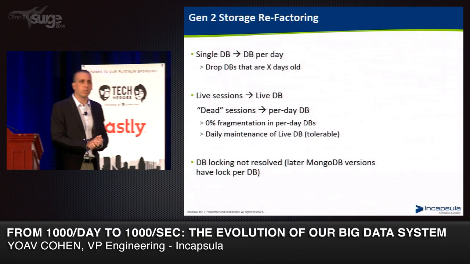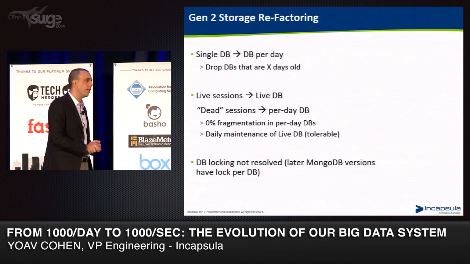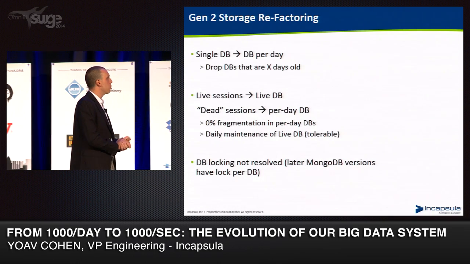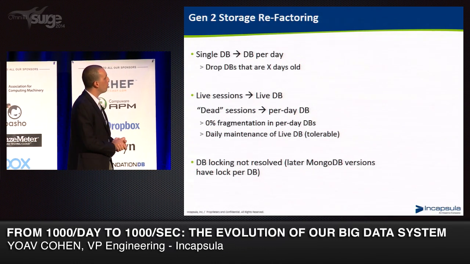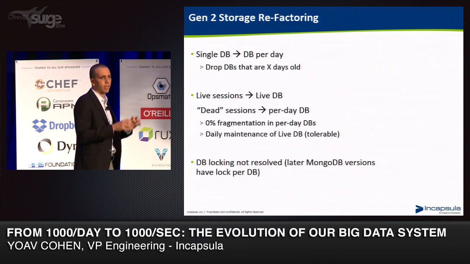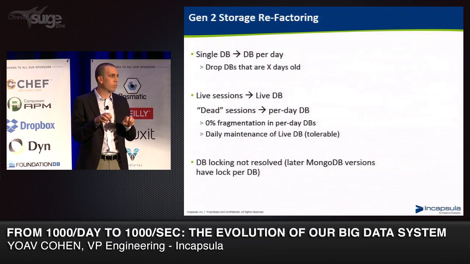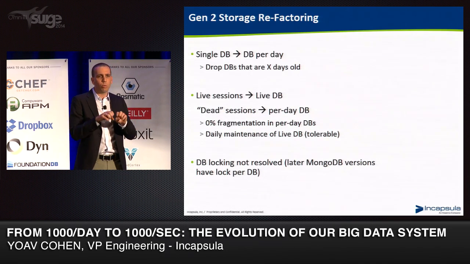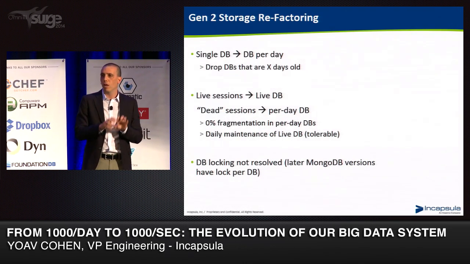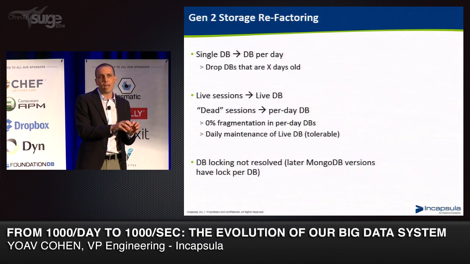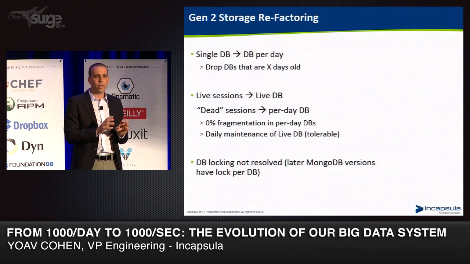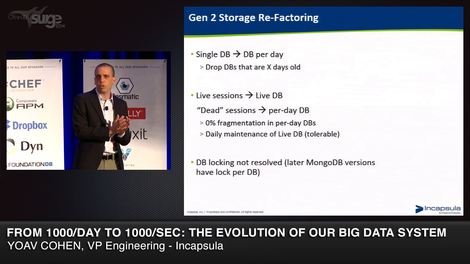Well, DB locking was still a problem. And again, there's no good solution to that, but we were able to contain the problem by running two MongoDB instances side by side on the same server, just so that the global lock will not interfere. So we had one database instance for stats, which are usually quite efficient. The flush time is very, very short.